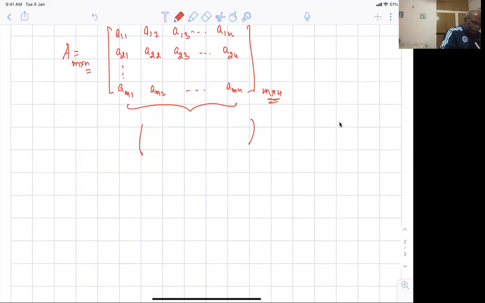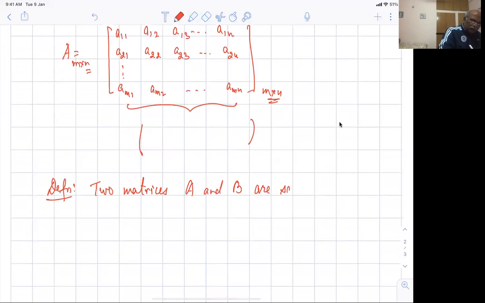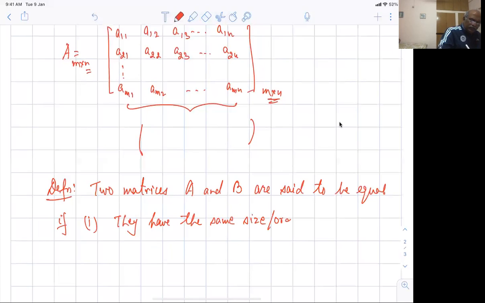So definition. Two matrices A and B are said to be equal if one, they have the same size or order, and two, the corresponding entries must be equal.